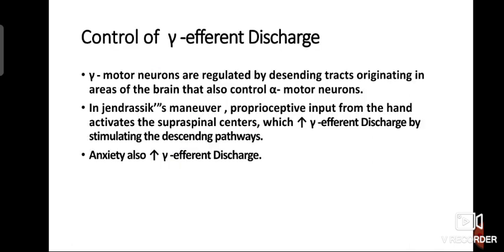Now the control of gamma efferent discharge. Gamma motor neurons are regulated by descending tracts originating in areas of the brain that also control alpha motor neurons, such as the bulboreticular facilitatory region of the brainstem, which regulates the descending tracts to alpha and gamma motor neurons. In Jendrassik's maneuver, proprioceptive input from the hand activates the supraspinal center, which increases gamma efferent discharge.